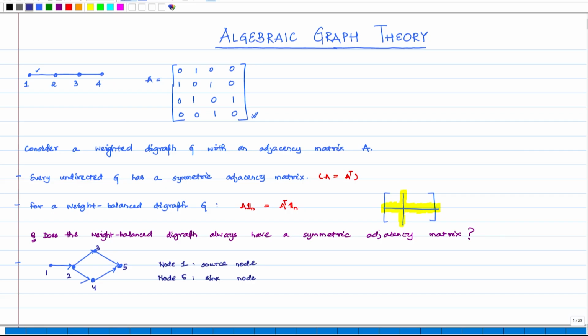Let us look at that. Let us try to write up the adjacency matrix of this particular digraph. There are 5 nodes, so it will be a 5 cross 5 matrix. Node 1 has an outgoing edge only to 2, so in the first row, the only non-zero entry is A12.